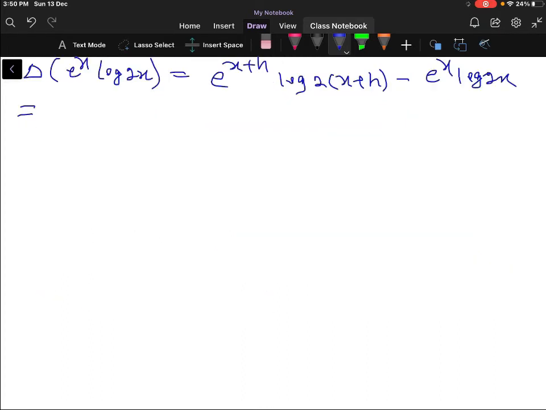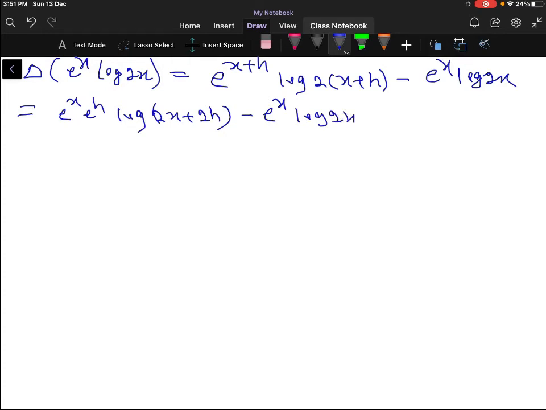This is equal to e power x into e power h log of 2x plus 2h minus e power x into log 2x.